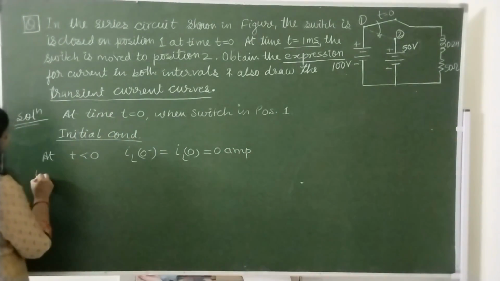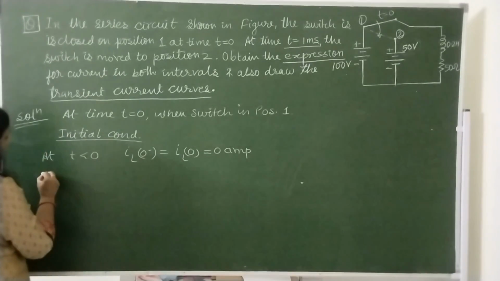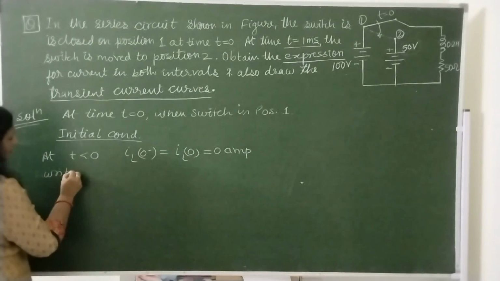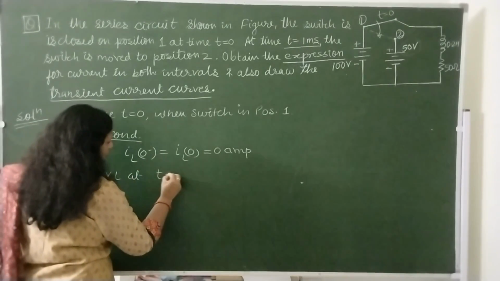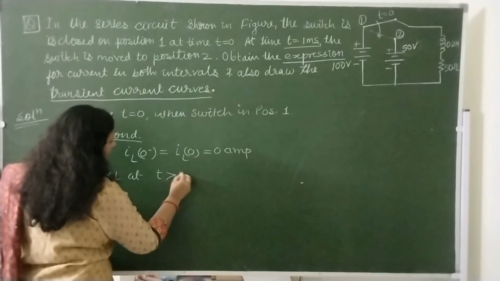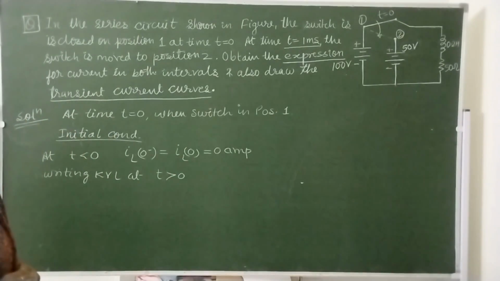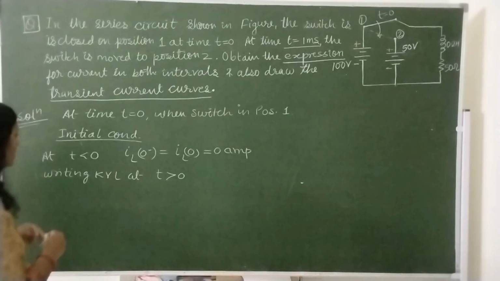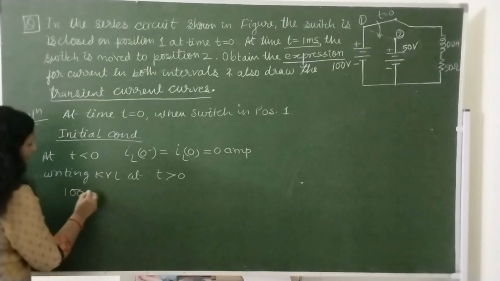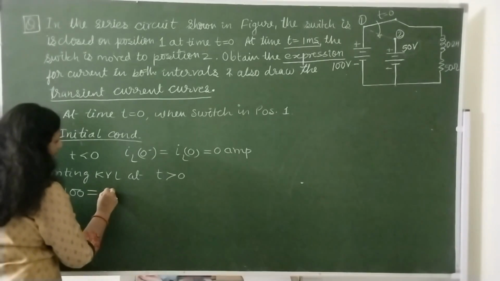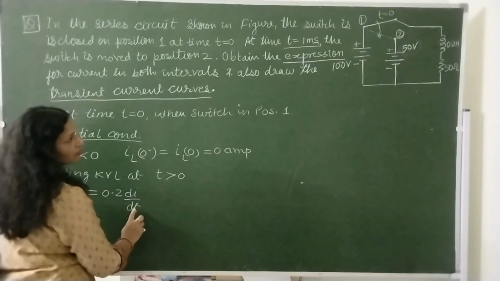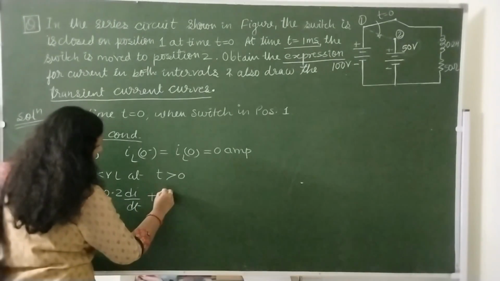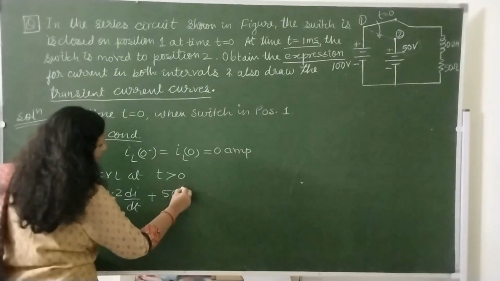Now we will write KVL at time t greater than 0. When the switch is connected, we have to write KVL to find the expression i(t). So here 100 equals 0.2 di/dt, the drop across the inductor, plus the drop across the resistor, that is 50i.